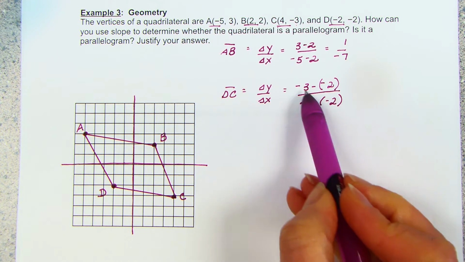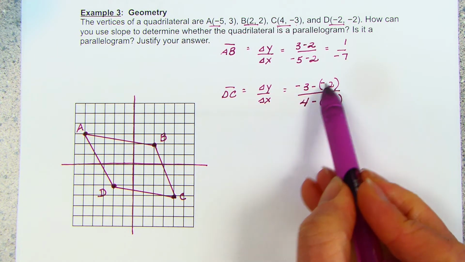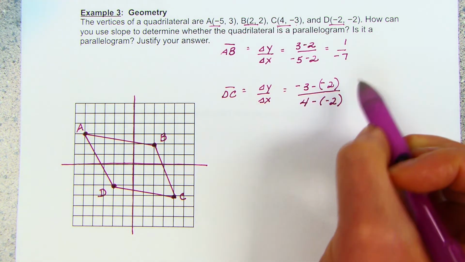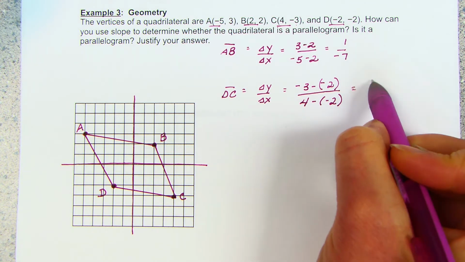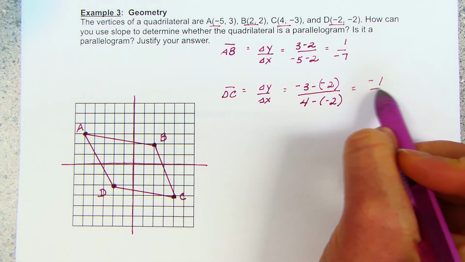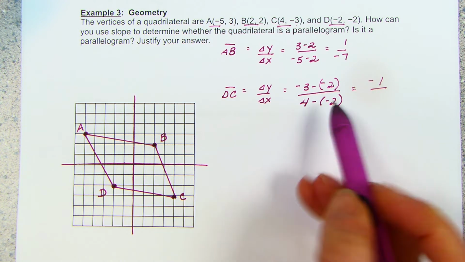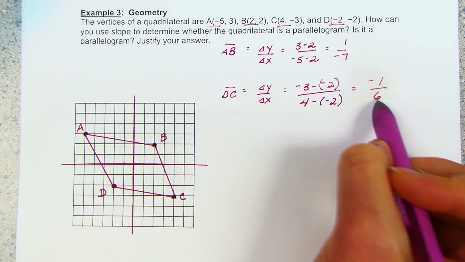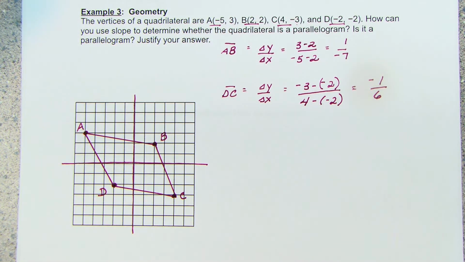Negative 3 minus negative 2 is the same as negative 3 plus positive 2. Negative 3 plus 2 is negative 1. And 4 plus positive 2 is 6. Oh, that does not look parallel.